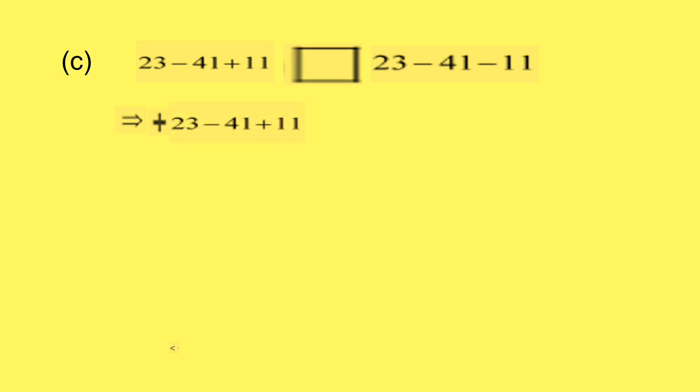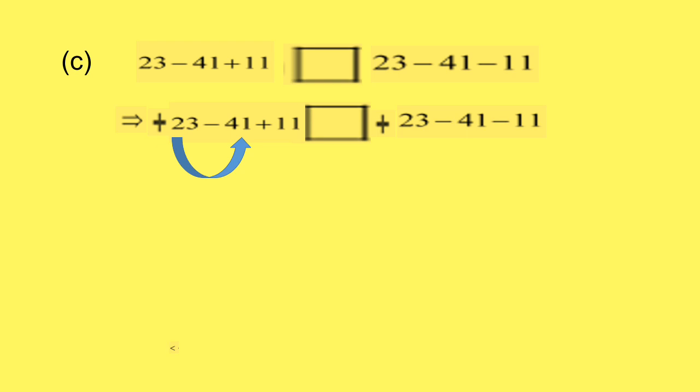23 minus 41 plus 11, blank, 23 minus 41 minus 11. Here I will put a plus symbol because there is no symbol for 23. 23 minus 41 plus 11, then blank, again plus 23 minus 41 minus 11, like this. So first I will take the first two integers. So plus 23 minus 41, different sign.